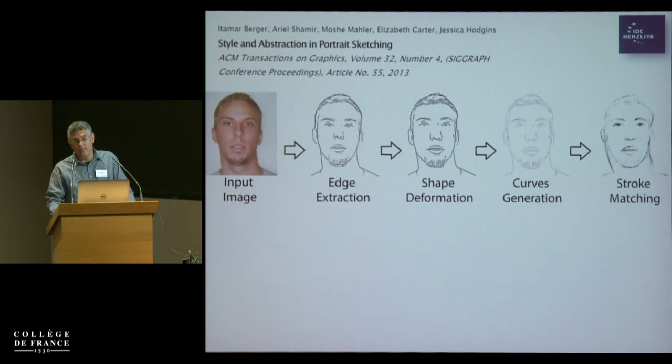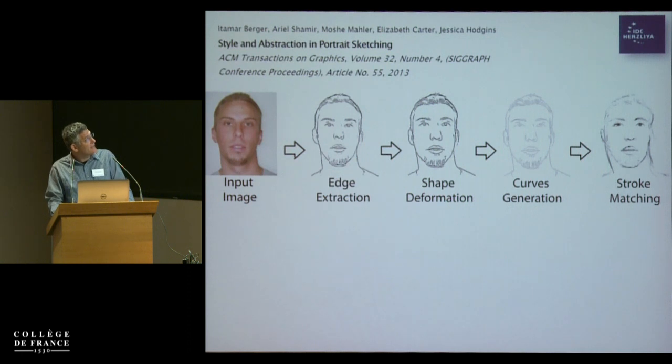Edges are a very important cue for people to recognize what's going on in a scene or in an image. We do have some shape deformation. We don't take the exact edges, but we do deform the image a little bit, and we do it also according to specific artists. So what we did in that work was basically take a specific style of an artist and try to imitate it by a computer program.